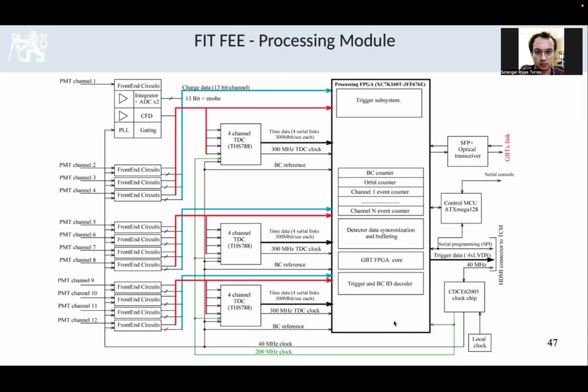If you see, each of the boards sends information here, and this trigger subsystem processes the charge and timing, and also produces some logic inside and just sends the OR A or C vertex, and that's it.